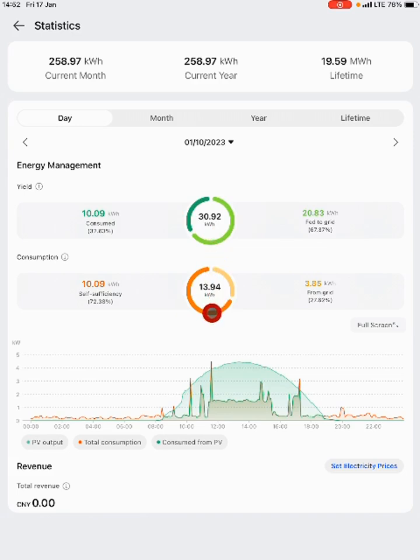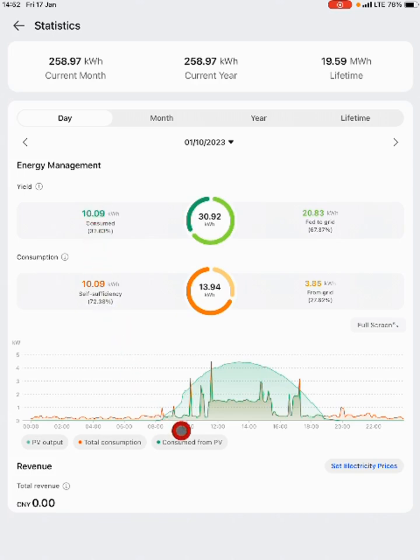He consumed during that day 13.94 kilowatt hours of electricity. So to recap, produced 31 kilowatt hours, used 14 kilowatt hours, rounding the numbers up. If we go across, you can see that 10.9 kilowatt hours came directly from the solar panels.